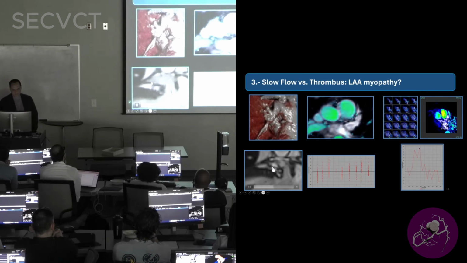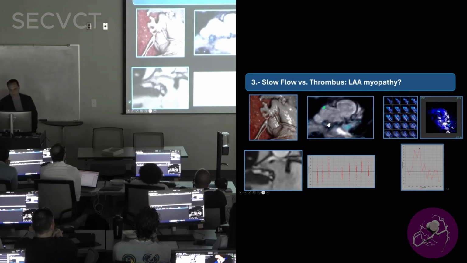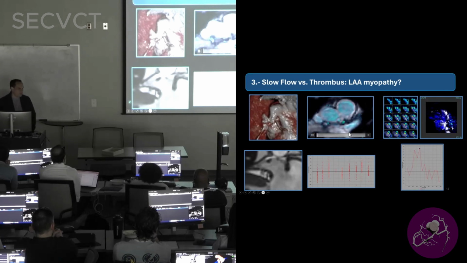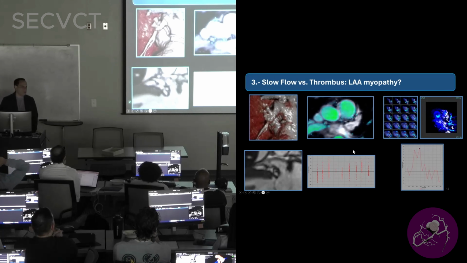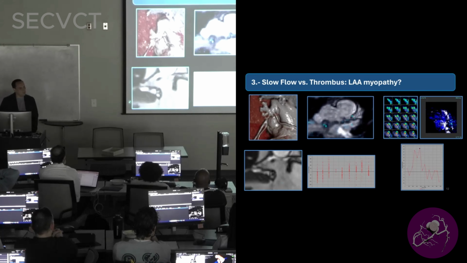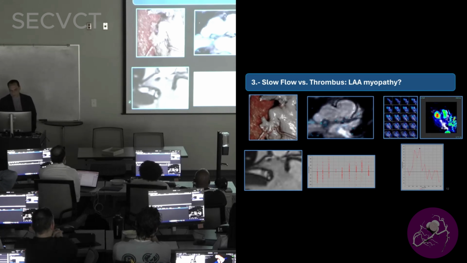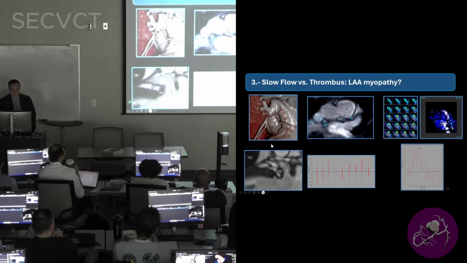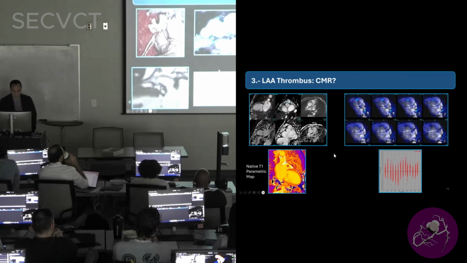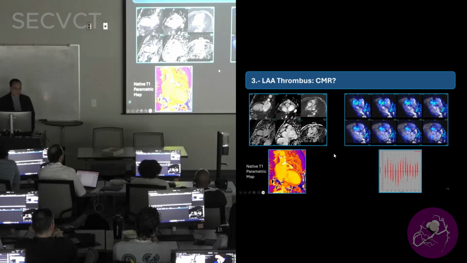This is CMR, and this is 4D flow CMR, an area I'm extremely interested in as we continue to learn how much of the outflow and cardiac output depends on physiological, pathological, or lack thereof, normal flow. This is a patient with a thrombus.